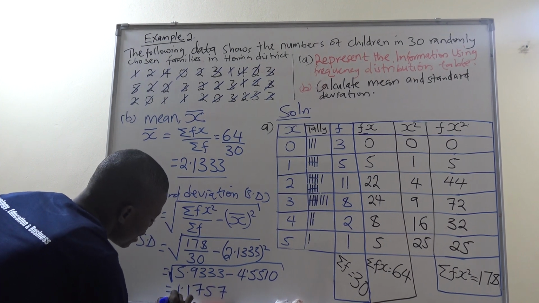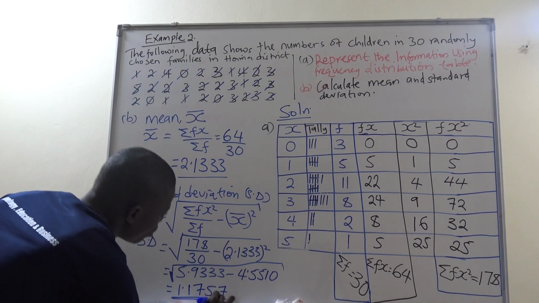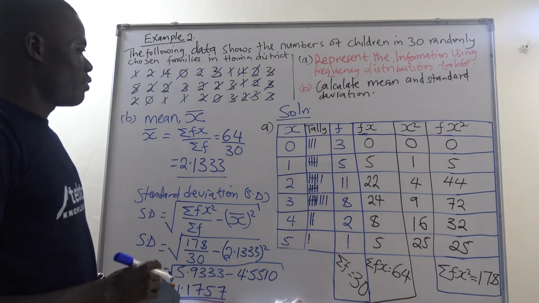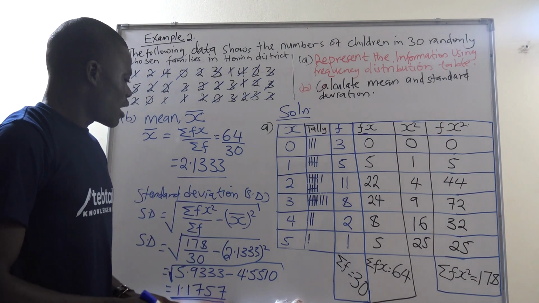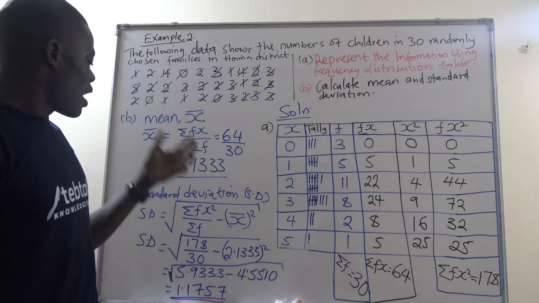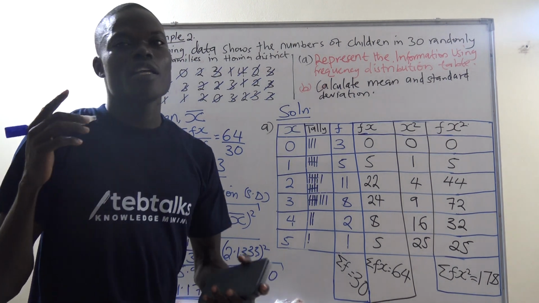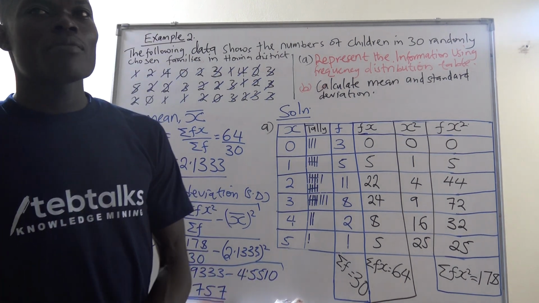This is our standard deviation of the data given. So that's how we calculate the standard deviation and the mean when they are combined. That's when they have combined the two things at the same time.